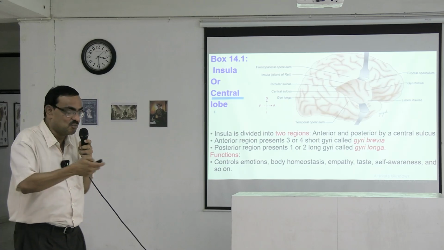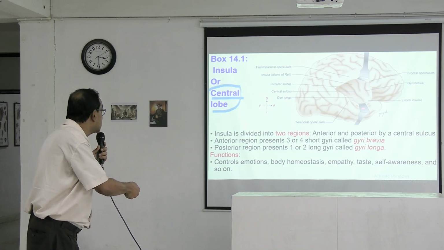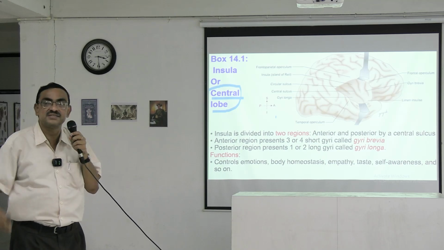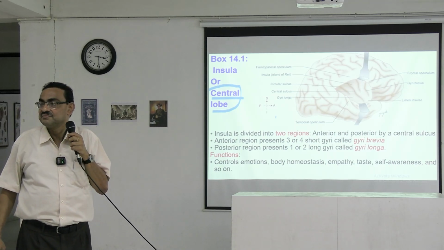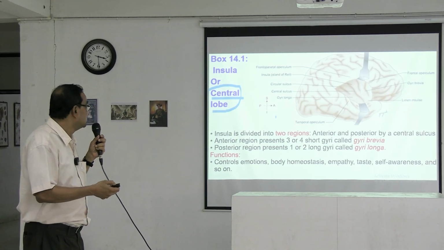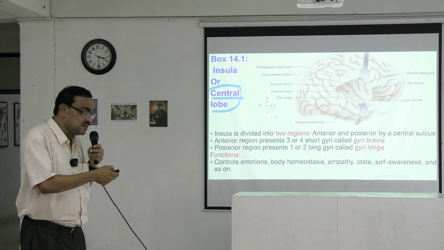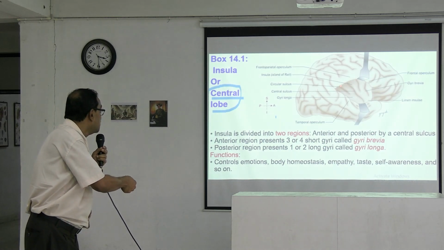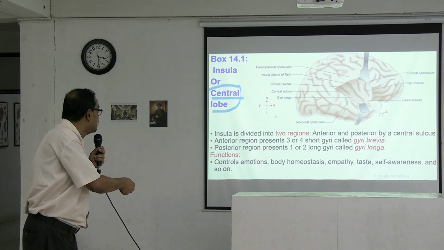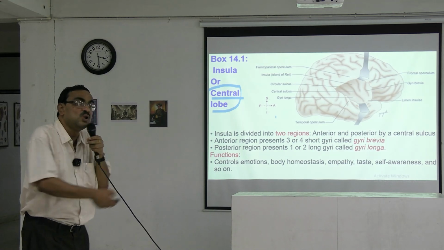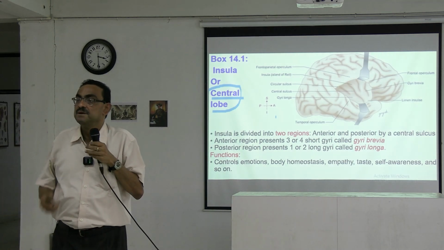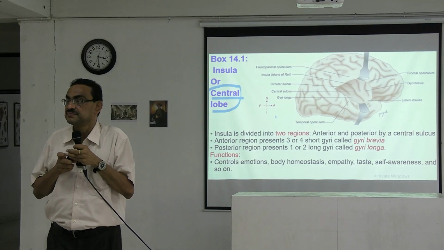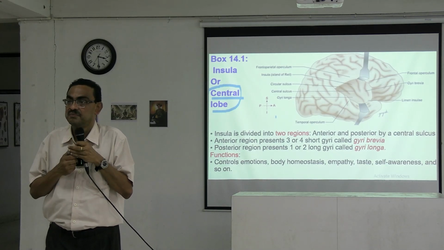No. There is another lobe which was present in primitive time in the surface, but which is revealed when we retract the lateral sulcus. We can find another lobe which is called the insula. Insula or insular cortex. This is a lobe.